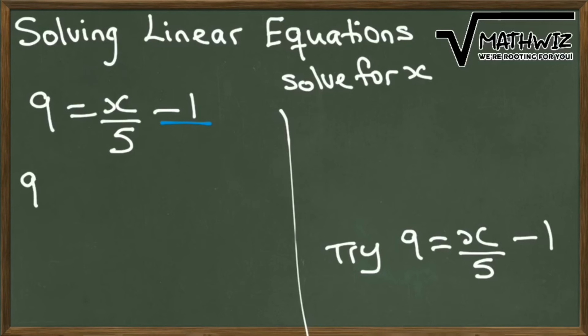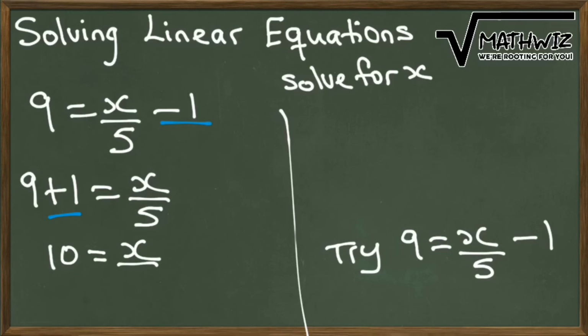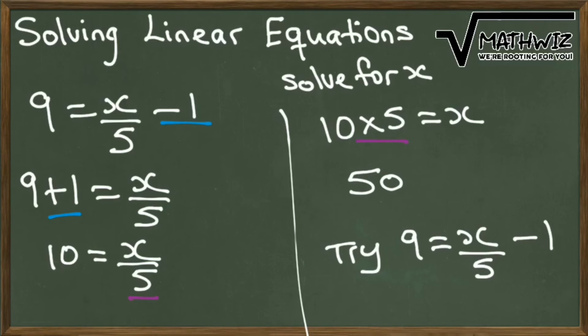So the -1, when we take it across, we will add. And 9 plus 1 is 10. And the 5, which is divided, when we take it across, we are going to multiply. And 10 times 5 is going to give you 50.